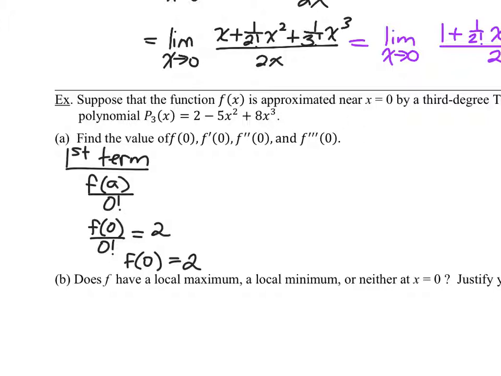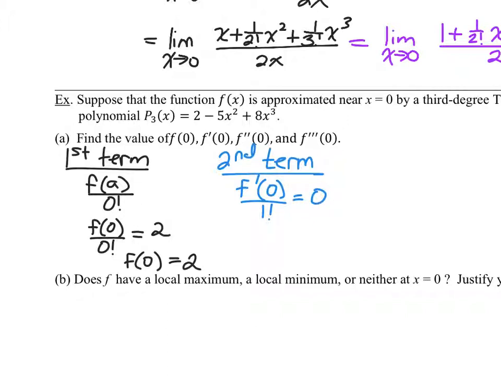The second term is still okay. I'll cut to the chase a little bit. We're looking at f prime of 0 over 1 factorial, and that should be equal to -5. Sorry, 0.